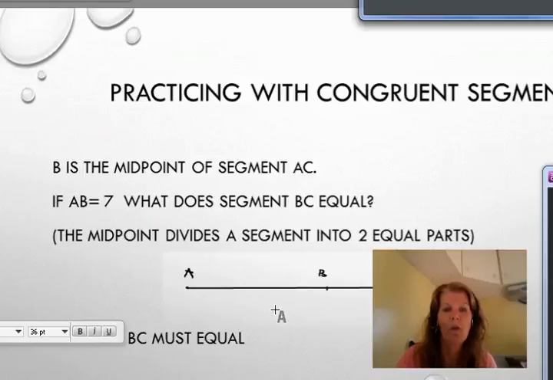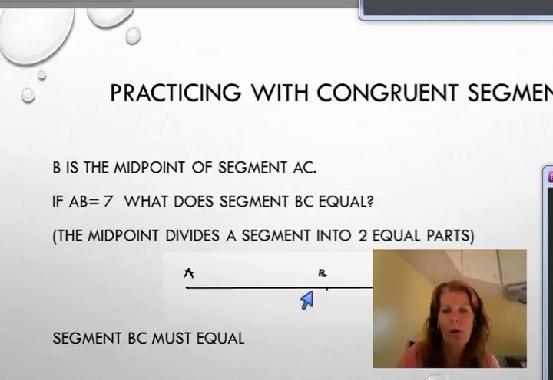Okay, so for example, in this one, practicing, I'm going to tell you that B right here is our midpoint on segment AC. If AB would happen to equal 7, we want to know what would segment BC equal. That would be this part right here.